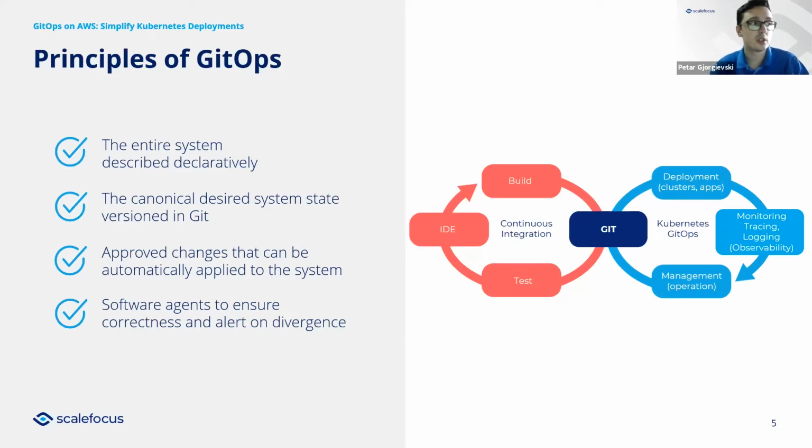And even more importantly, when an unforeseen disaster happens, your cluster's infrastructure can also be dependably and quickly reproduced. The canonical desired state is versioned in Git. With the declaration of your system stored in a version control system and serving as your source of truth, you have a single place from which everything is derived and driven.